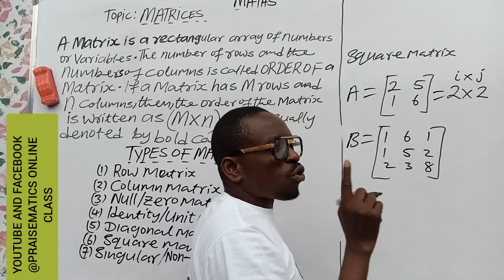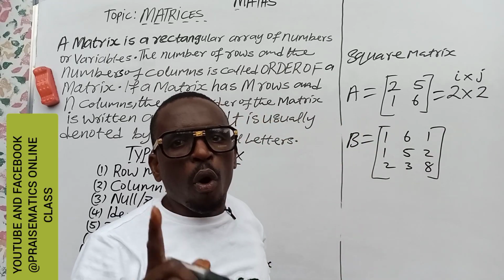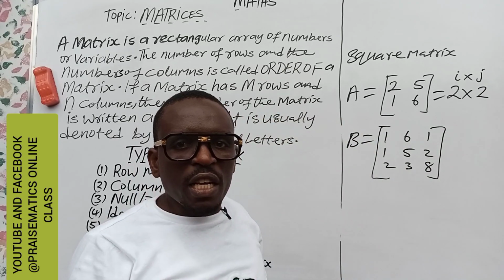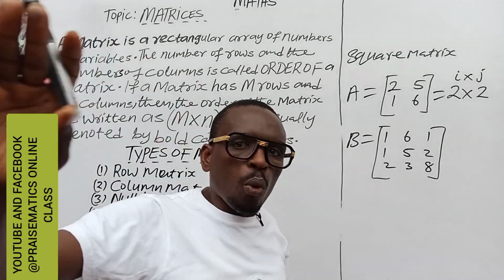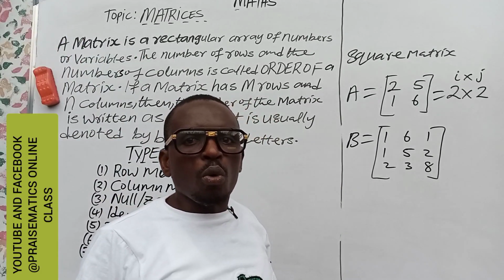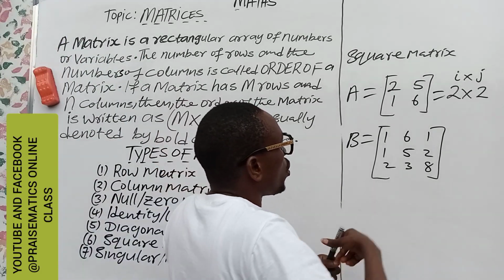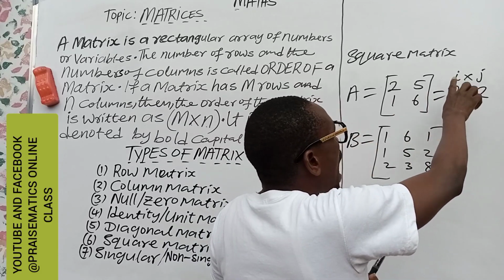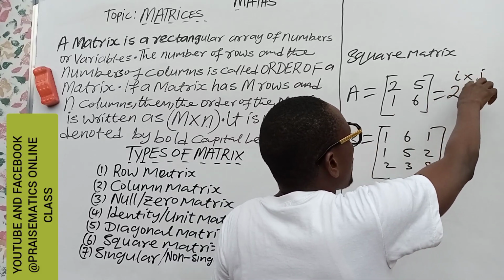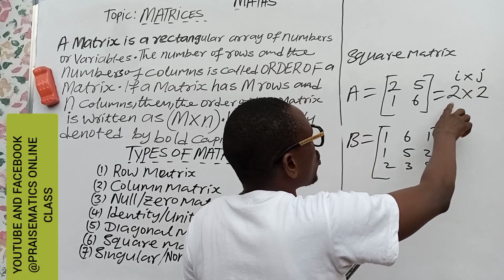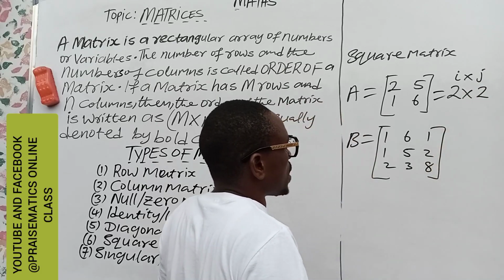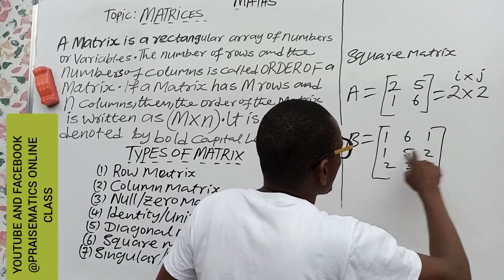You must first of all count i before j. That is, you must first of all count the rows before the columns, and that is how to do it. So this is i by j, which is 2 by 2 matrices. Now look at this one, 1, 2, 3.